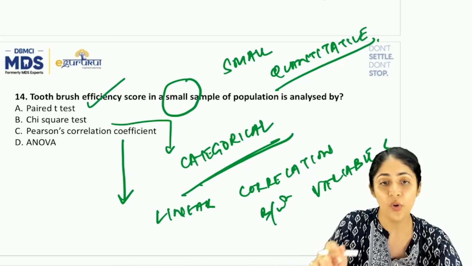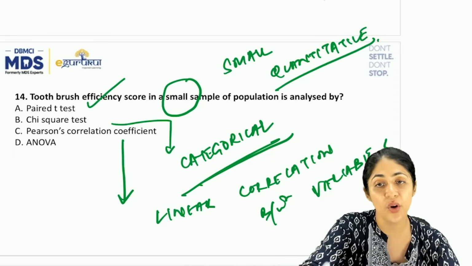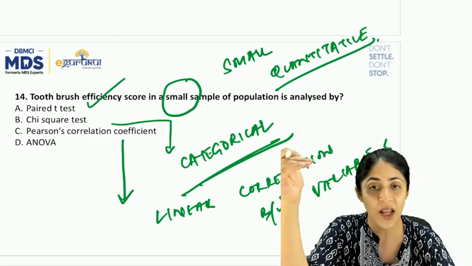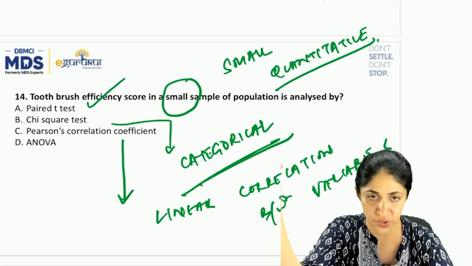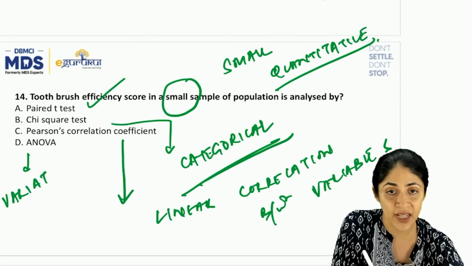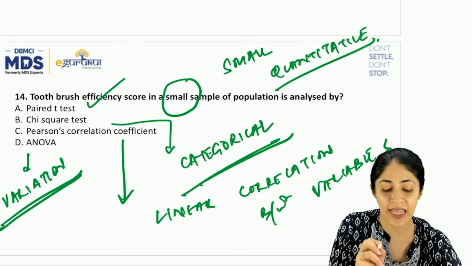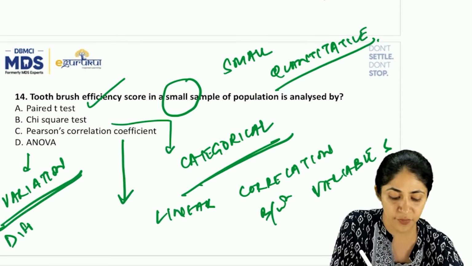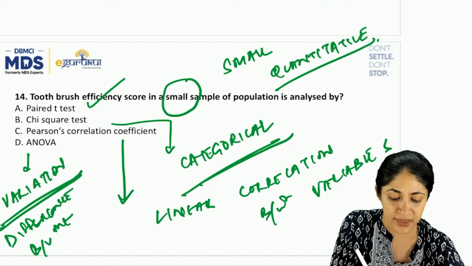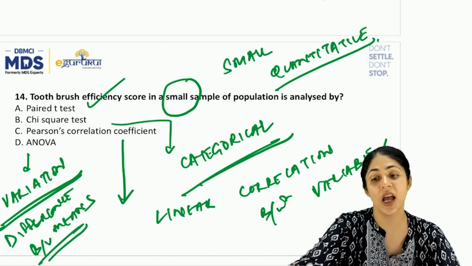Now what is ANOVA used for? ANOVA is a collection of statistical models and their associated estimation procedures, such as variation. So when you want to study the variation between groups and the difference between the means, the test you use is ANOVA.